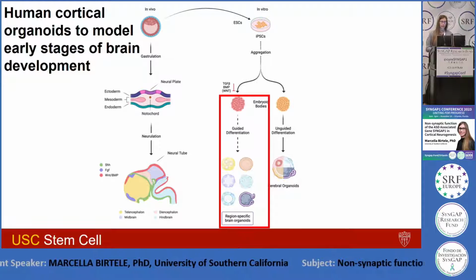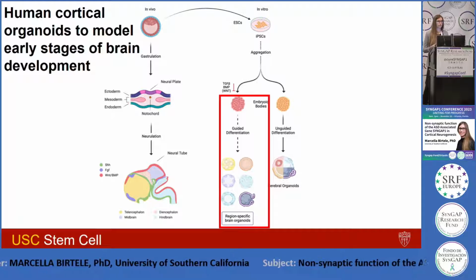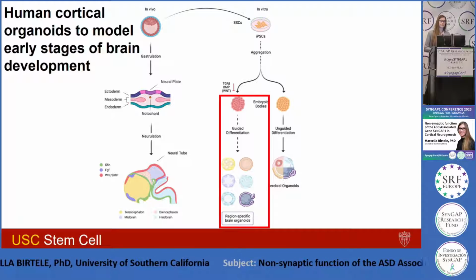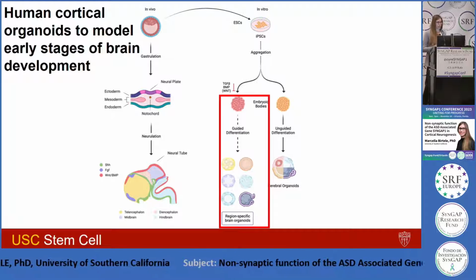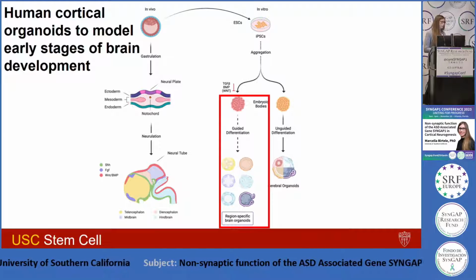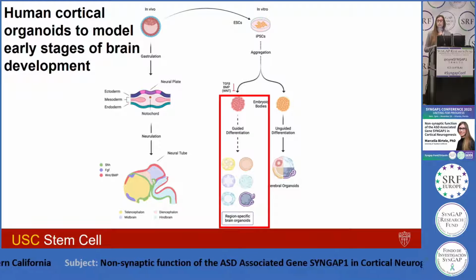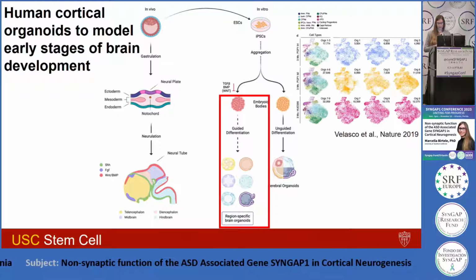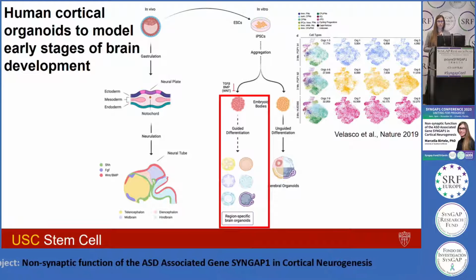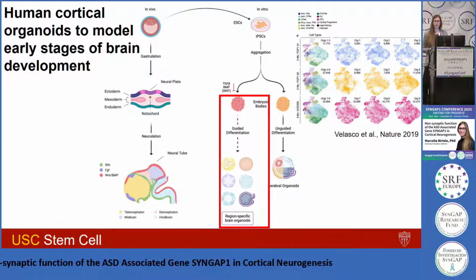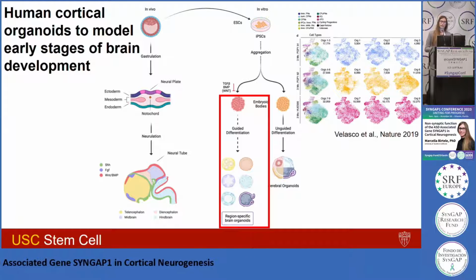And what we do then is to apply different concentrations of gradients, here TGF-beta, BMP or Wnt morphogens, to really push the differentiation towards a cortical fate. The specific protocol we use in the lab is an adapted protocol from the Arlotta lab, where we can generate all the main cell types that we have in the developing fetal cortex.